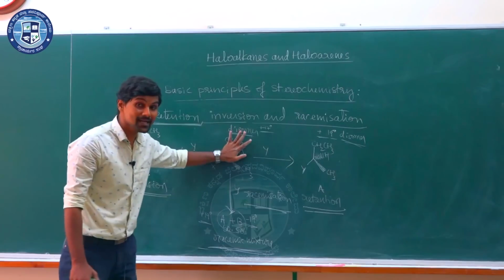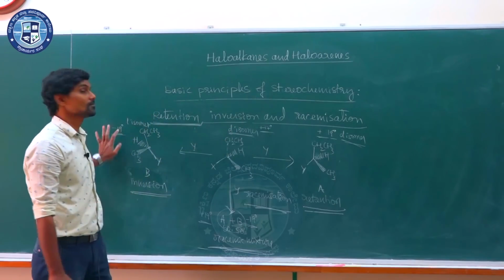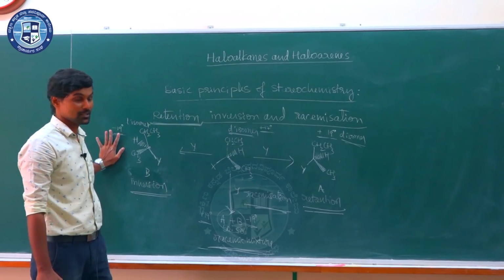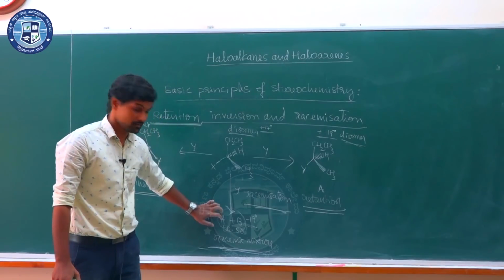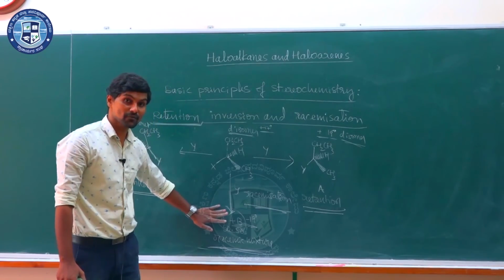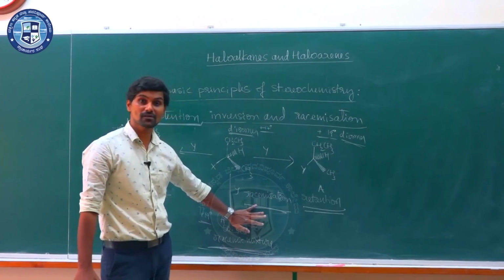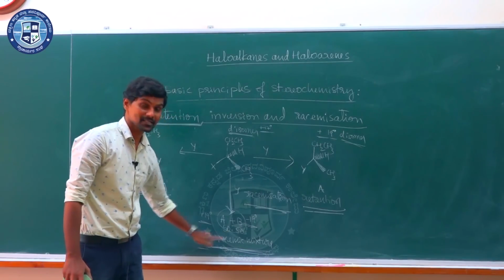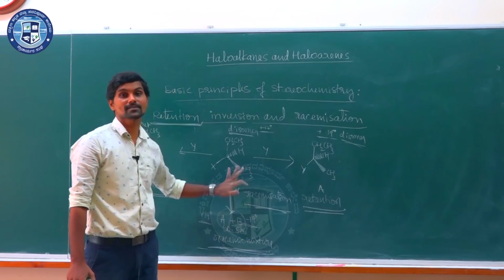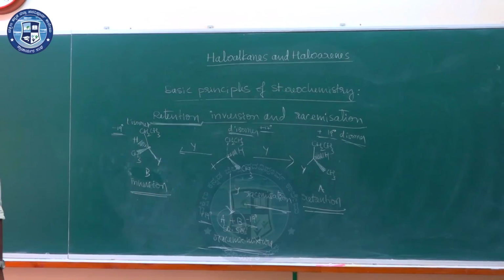If you have taken L isomer as a reactant, you get D isomer as a product. But in the process, 50% retention of configuration takes place and 50% inversion of configuration takes place. That time you get racemic mixture, therefore, that process is known as racemization.